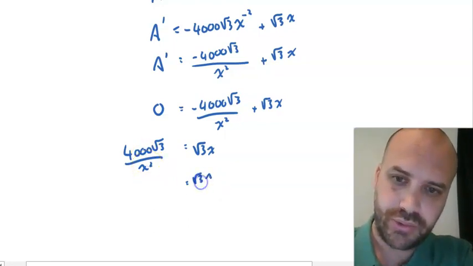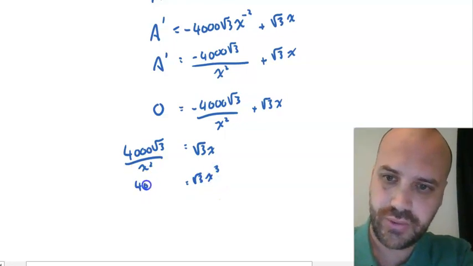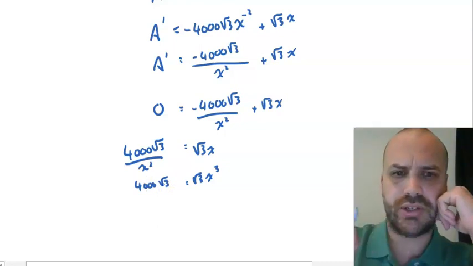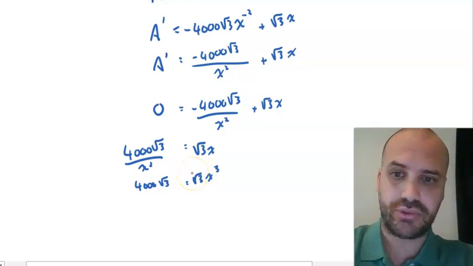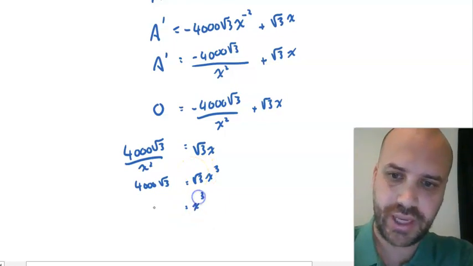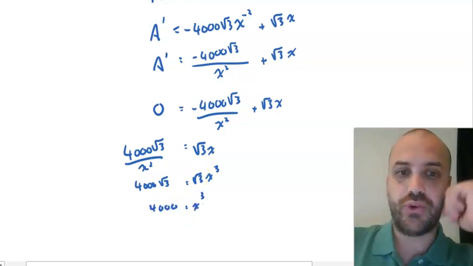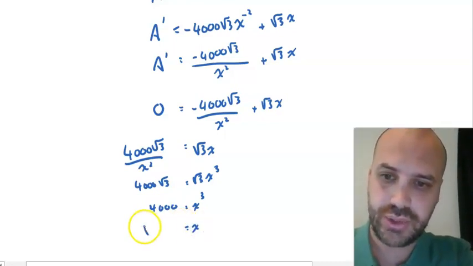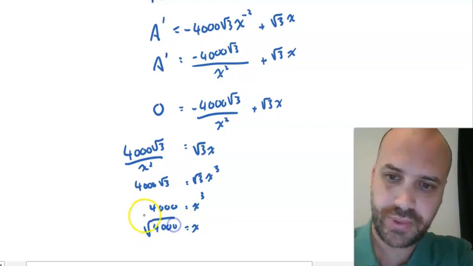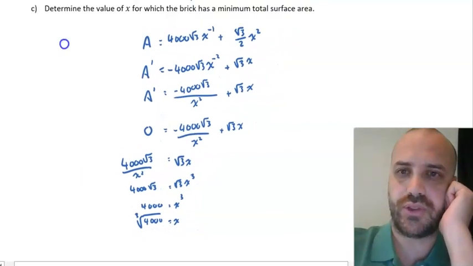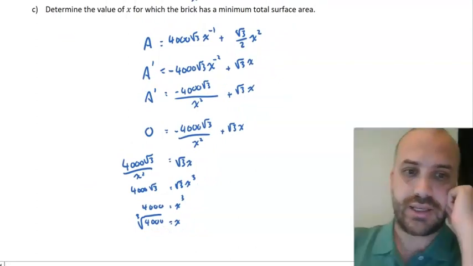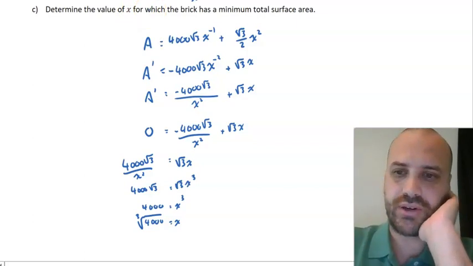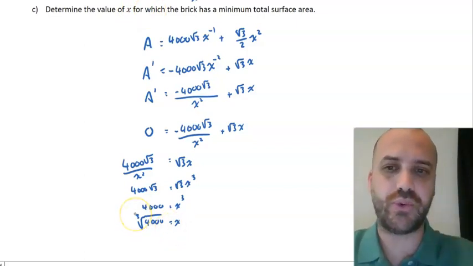We'll get root 3 x cubed equals 4,000 root 3. It looks like I can divide both sides by root 3 now, so finally get rid of that ugly looking thing. 4,000 is equal to x cubed, which means that x is equal to the cube root of 4,000. And I think that is my answer. Determine the value of x for which the brick has a minimum total surface area. X is equal to the cube root of 4,000.